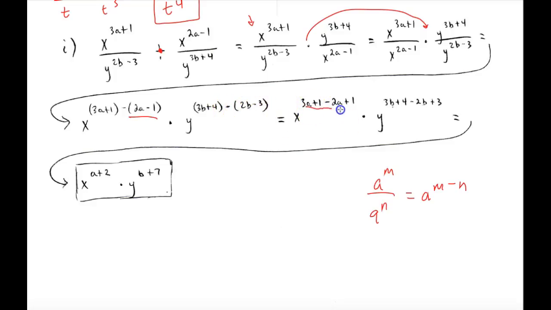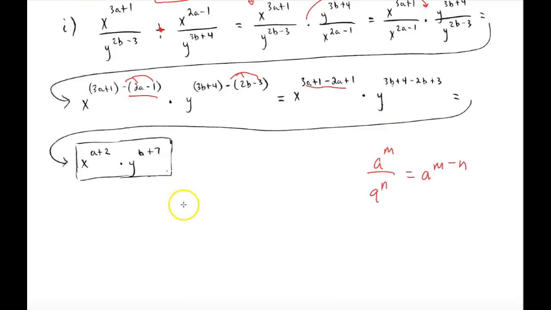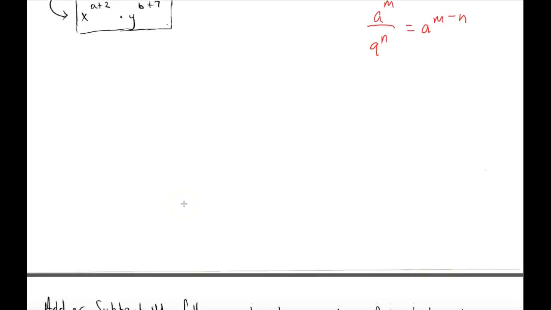Of course, we distribute the negative across this exponent here, do the same thing here and here, and then we simplify. And when we simplify, we end up getting x raised to the a plus 2 times y raised to the b plus 7. Okay, and so that pretty much wraps up what we need to do here.